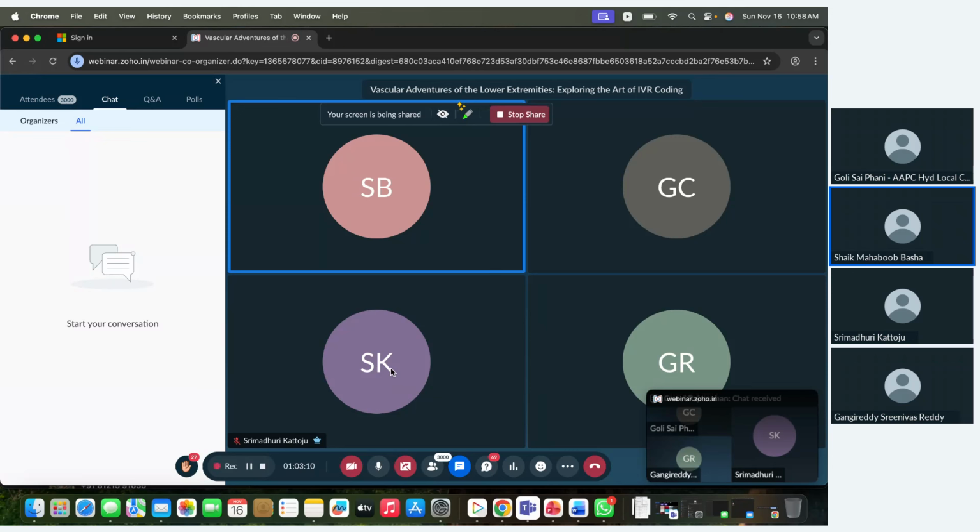Someone says single, someone says both. If it is single, why single? Each artery should be coded separately in the tibial territory, since they are different arteries. Why can we code single? Can anyone answer in the chat box?